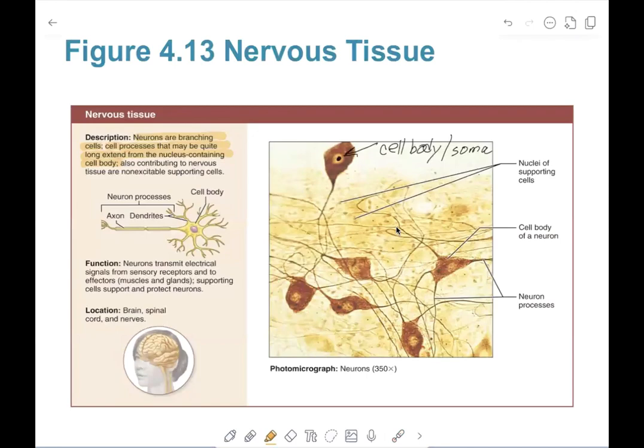So the cell body is then going to have cellular processes that extend from them. Those are called neuron processes, and there are two forms of those. There are dendrites, which receive information, and axons, which take information away.